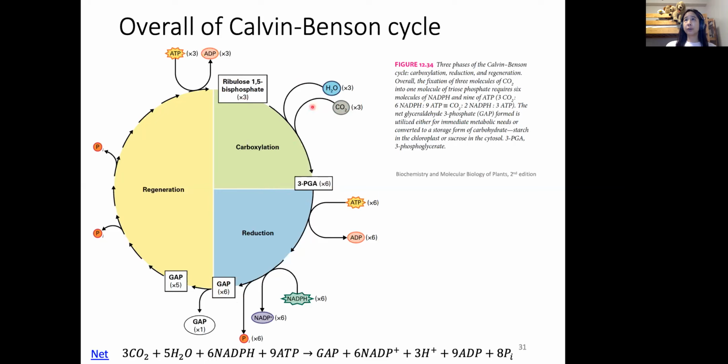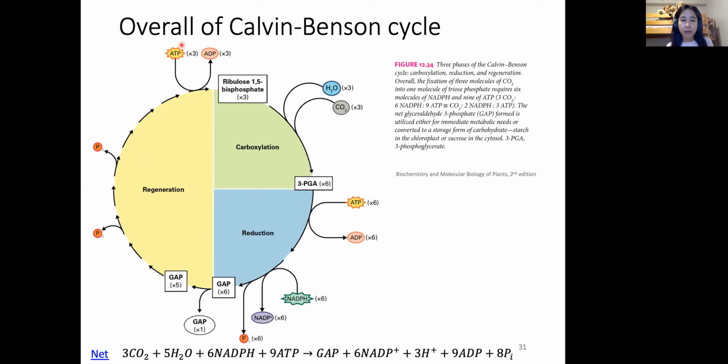If you start from 3 molecules of carbon dioxide and 3 molecules of RuBP, you end up with 6 3-phosphoglycerate and 6 glyceraldehyde 3-phosphate. One of the 6 glyceraldehyde 3-phosphate will be used to make glucose, and 5 of them will be used for regeneration of RuBP. During the regeneration, you spend more ATP.